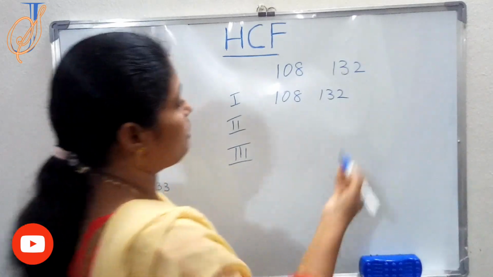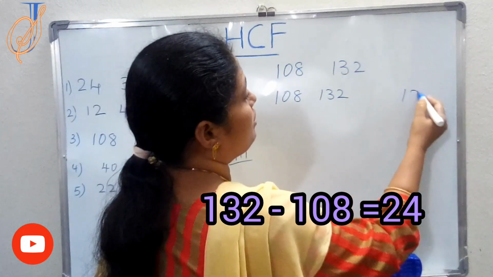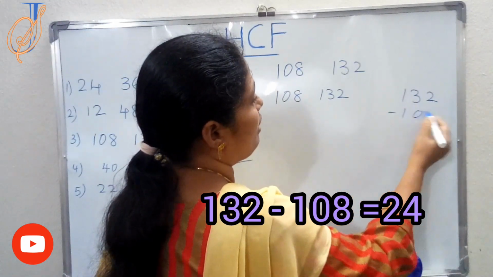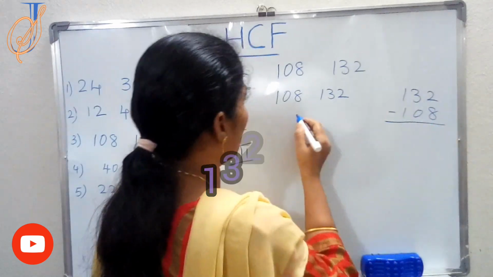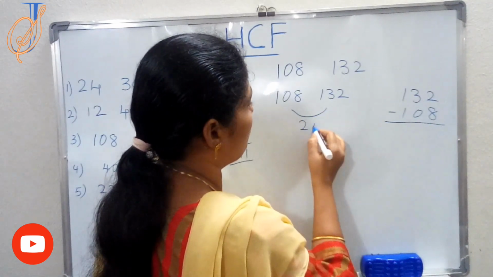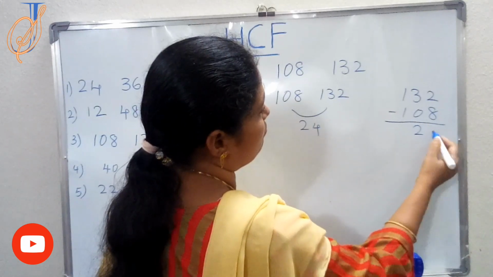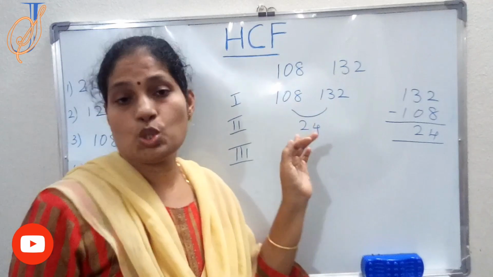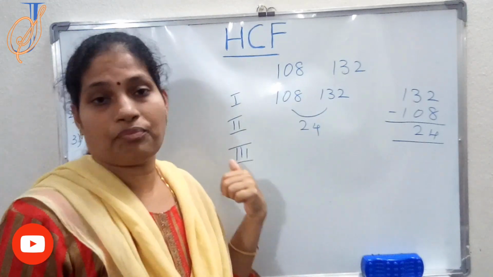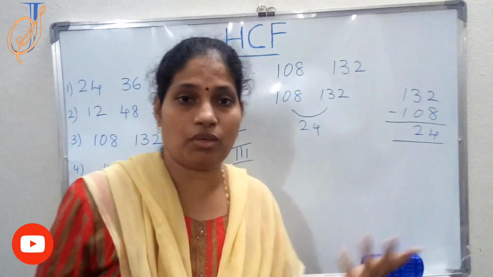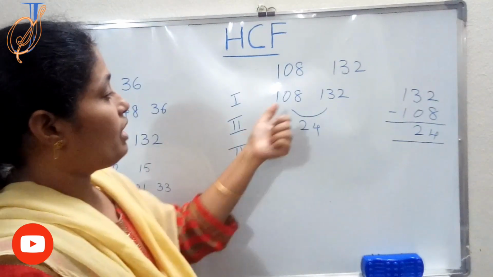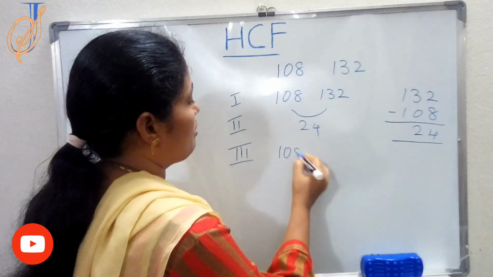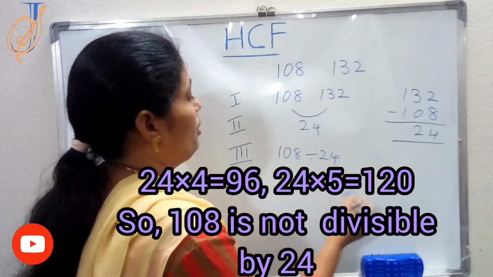What is the difference between 132 and 108? That is 24. So the difference between these two numbers is 24. Let's go with step 3. Step 3 is check for divisibility. So is 108 divisible by 24? No.